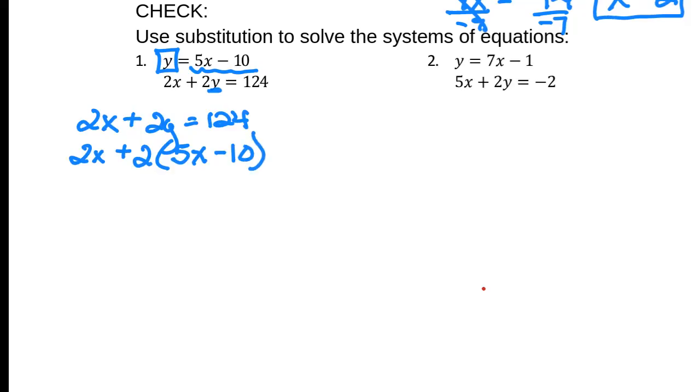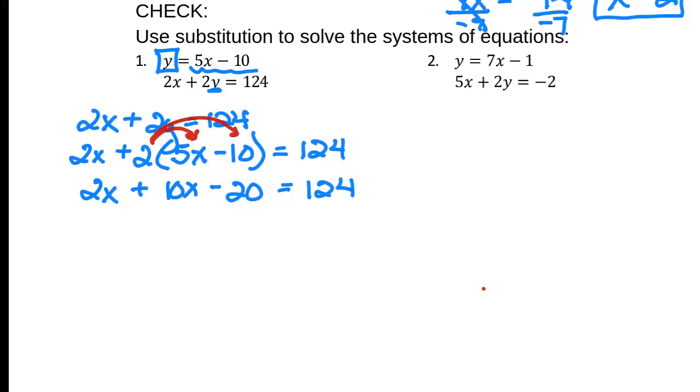So 5x minus 10 goes in parentheses, and then finish that equation, equals 124. And again, we are going to distribute that positive 2 with everything on the inside. So 2x stays the same. 2 times 5x is 10x. And 2 times negative 10 is negative 20 equals 124.